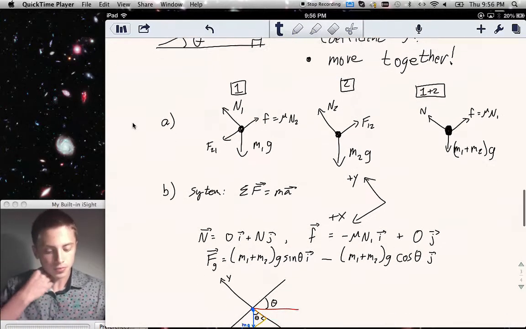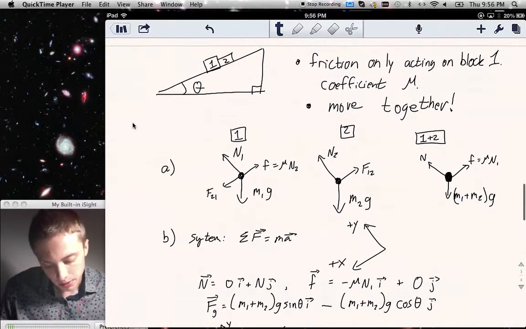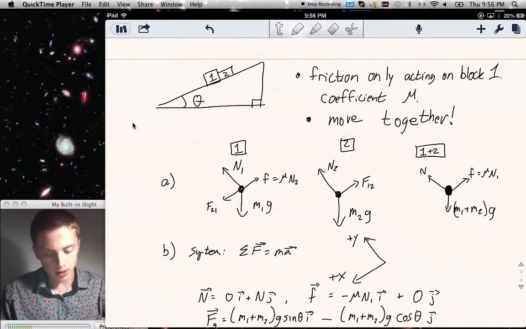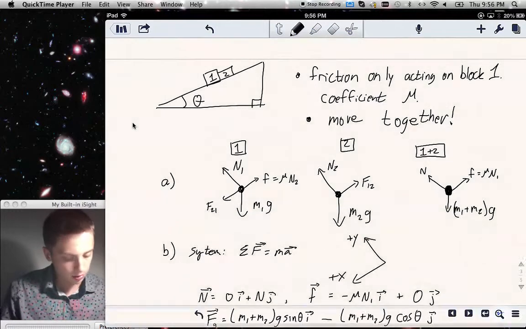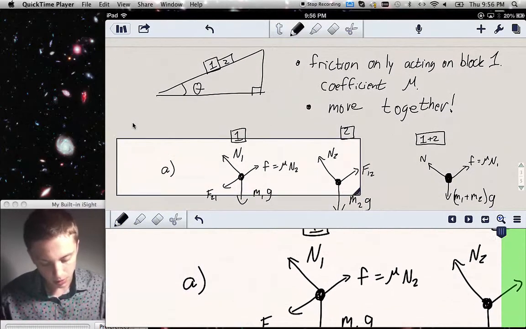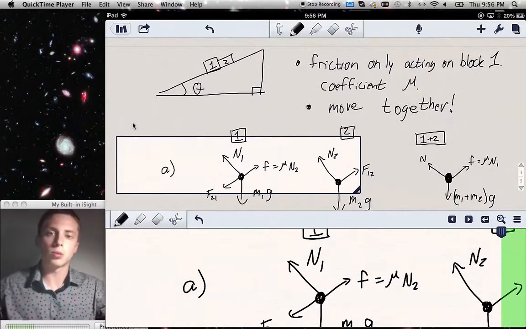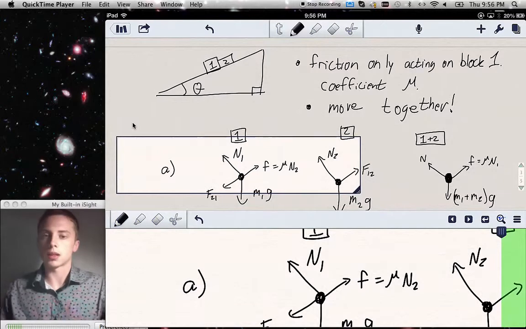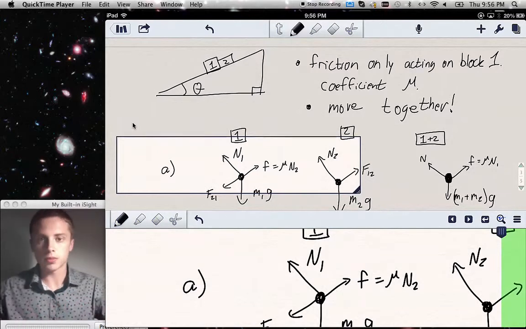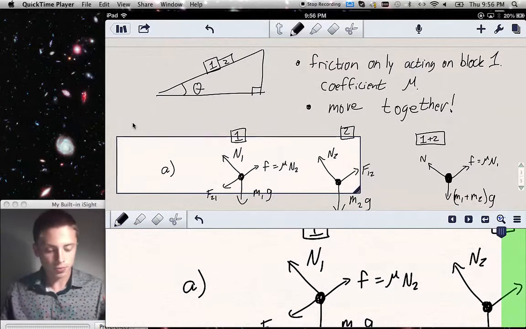Okay, so here's part A. Let's look at the picture for block 1. Here is our first free body diagram. For block 1, we have one surface in contact from below and another from the side, so we have two surfaces of contact.